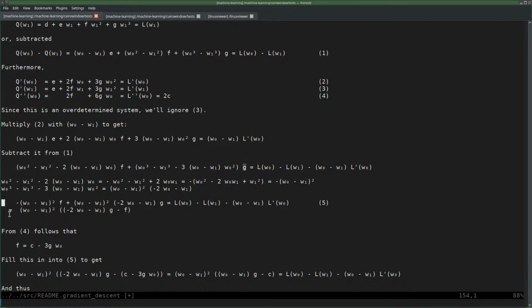However, I did rewrite that as this, this whole part.